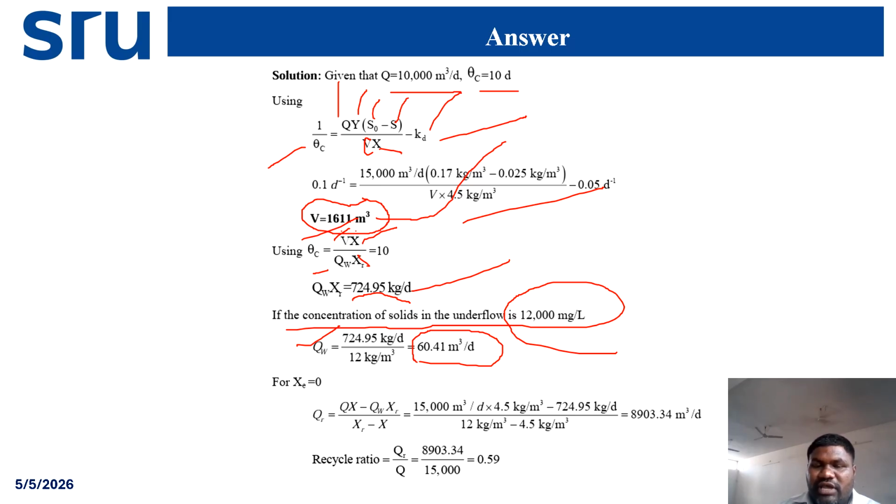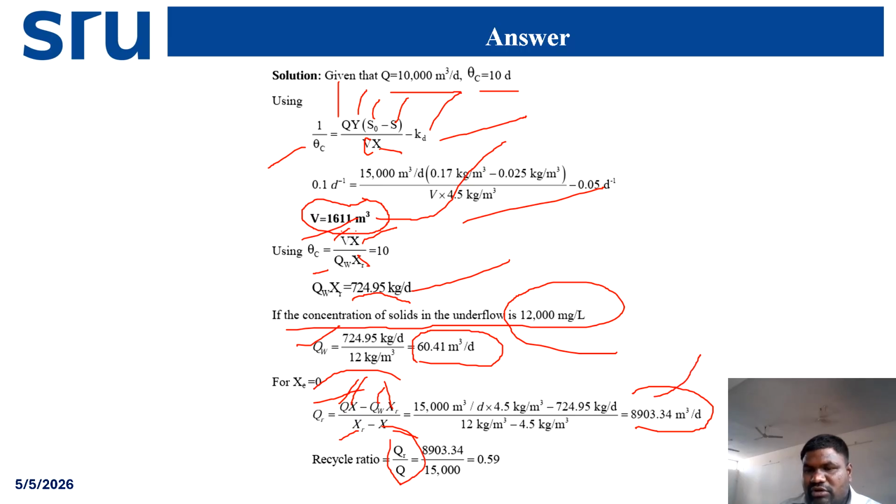So here we need to calculate the QR by Q. We know the formula of QR, Qx minus QwXR divided by XR minus X. Q we know, X value we know, QwXR is calculated, XR known, X also given. So as per this equation, the QR is getting around 8903.34 meter cube per day.